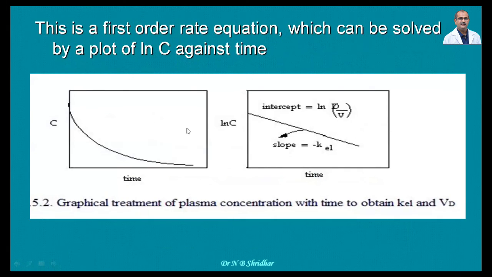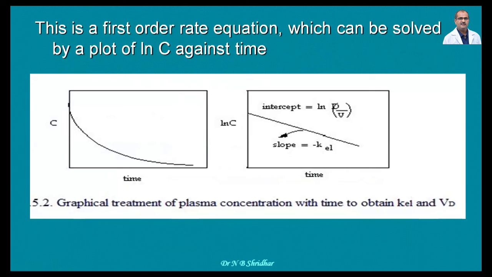Usually the first order rate equation can be solved by a plot of C against time. The concentration against time can be plotted because this is following first order kinetics. Most drugs, 99% of drugs, follow first order kinetics, whereas very few drugs like phenytoin and alcohol follow zero order kinetics. You have to remember that.